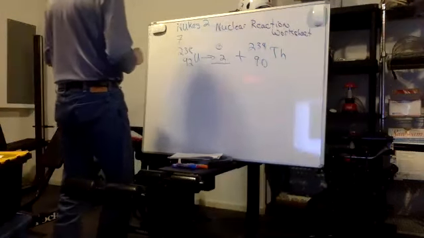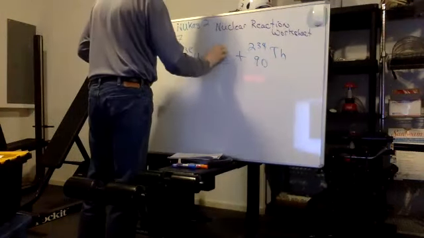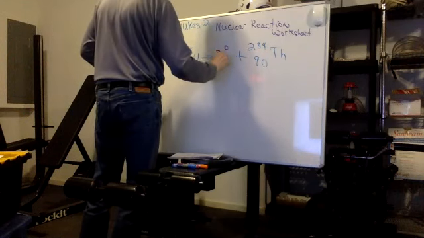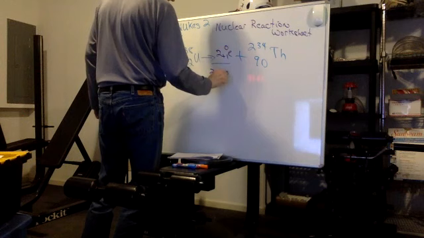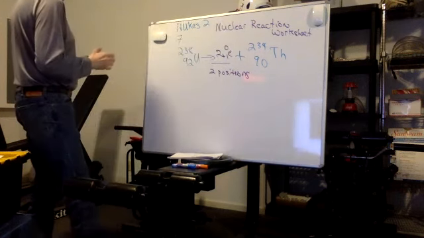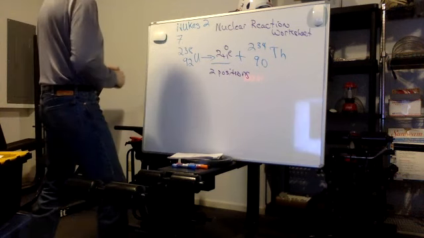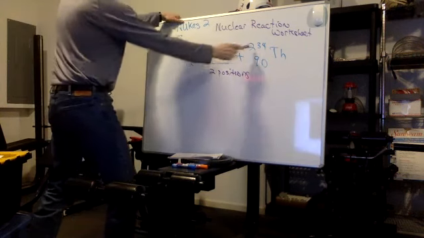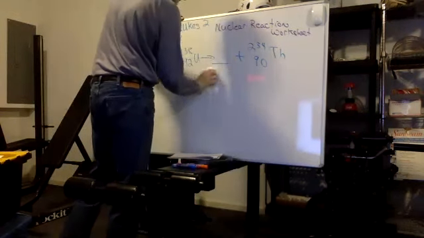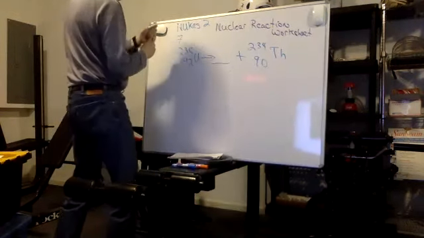So we are going to need 2 positrons. Nope, I made a mistake. I've got 238. There is a mass change. Just caught that. I've got 238 on top.